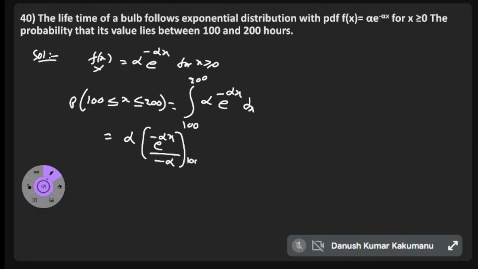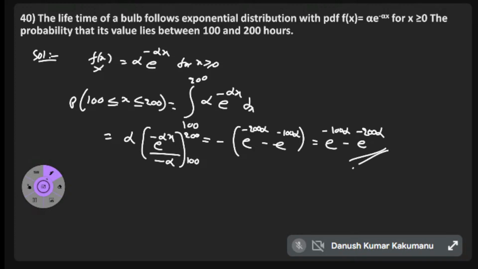Limits are from 100 to 200. This alpha cancels. Minus brought outside: e power minus 200 alpha minus e power minus 100 alpha. What is the overall answer here? E power minus 100 alpha minus e power minus 200 alpha. So that is our answer.